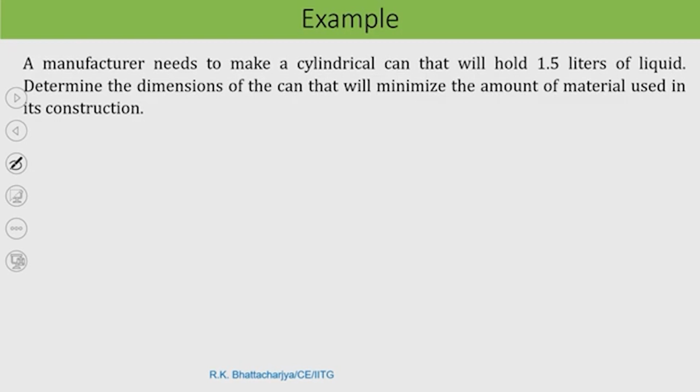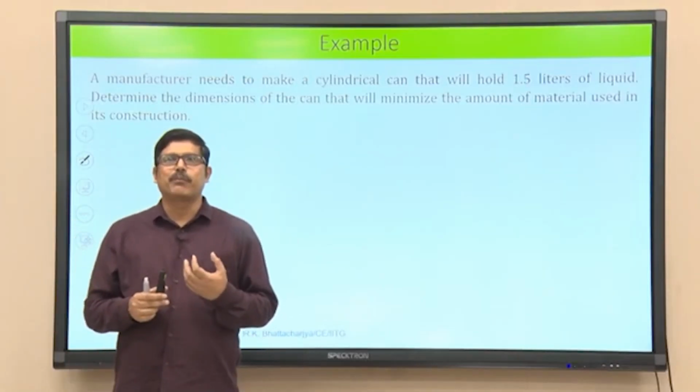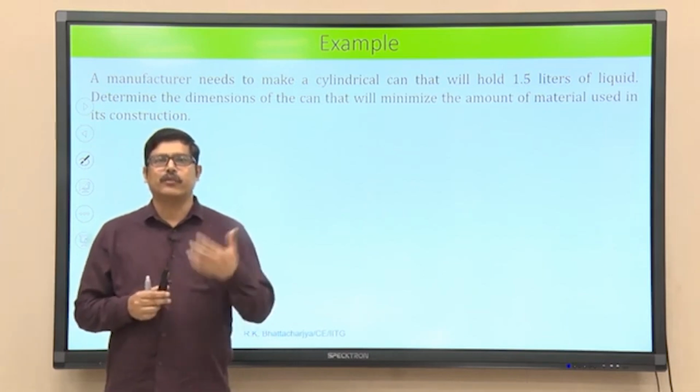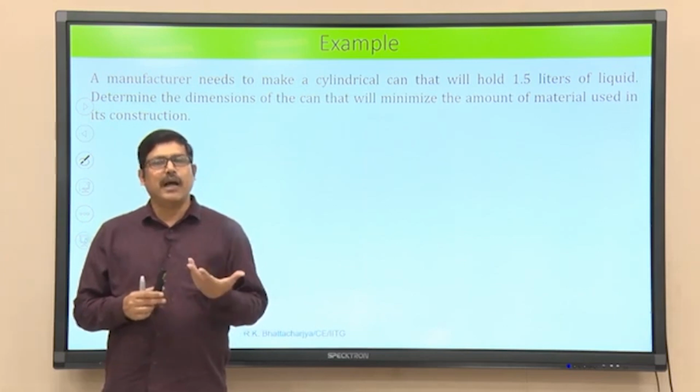Determine the dimensions of the can that will minimize the amount of material used in its construction. So, what do you have to do here? Here we have to design a can. The capacity of the can is 1.5 liter.